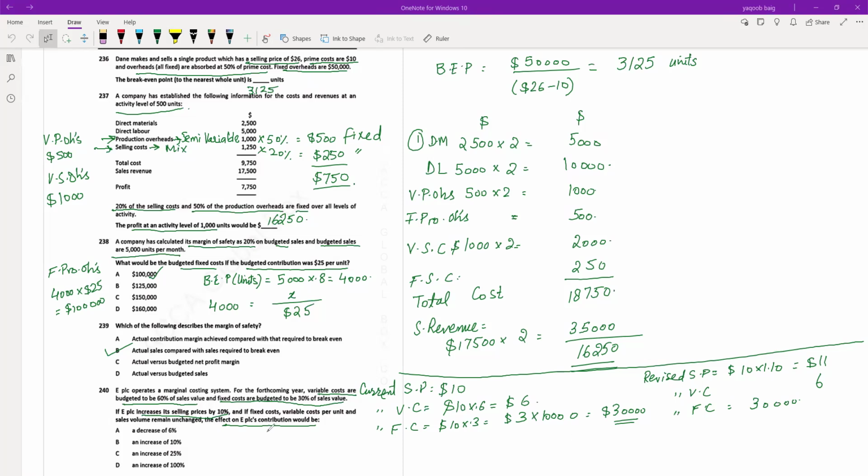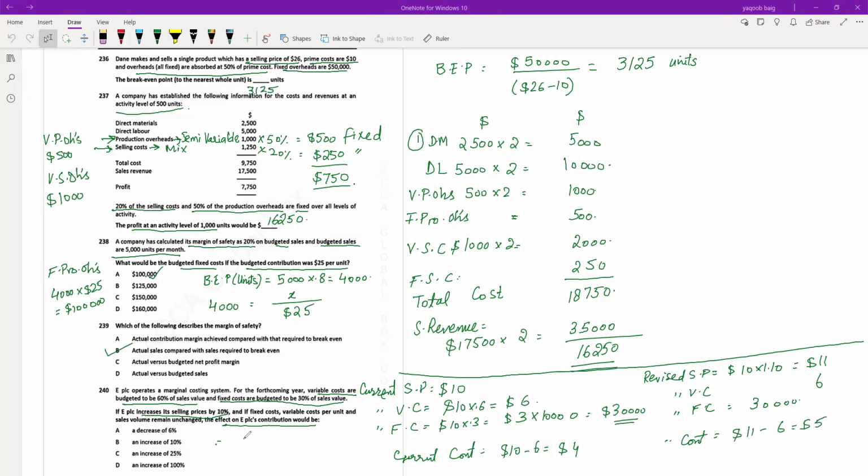Requirement is what would be the effect on contribution. So current contribution is 10 minus 6, 4. Revised contribution is 11 minus 6, 5.